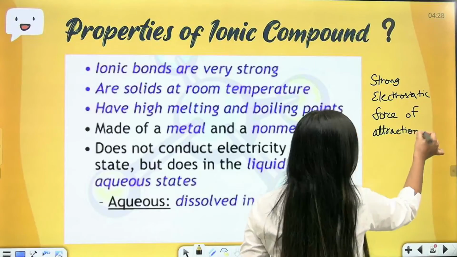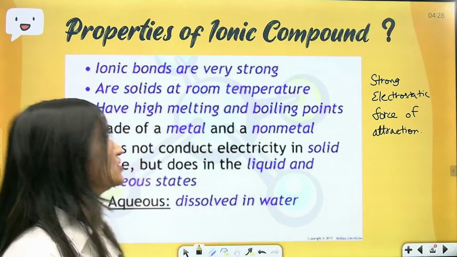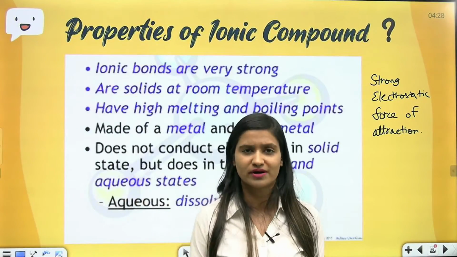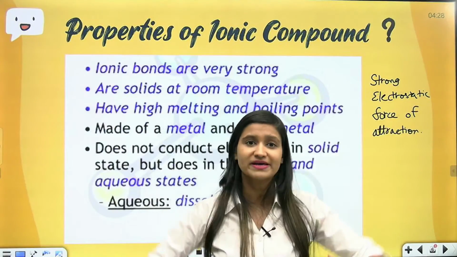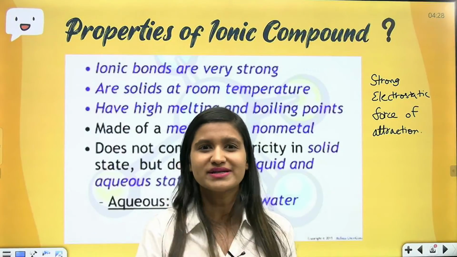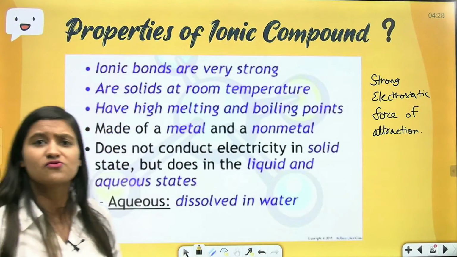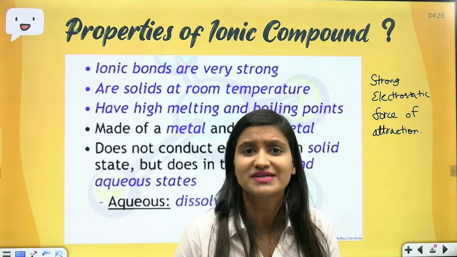Right? Now, how is it the father of all the properties? Let's see. The first one says that these bonds are very strong, as the force because of which the ionic bonding is formed is itself very strong. So quite obviously these bonds will be very strong because of the strong electrostatic force of attraction.